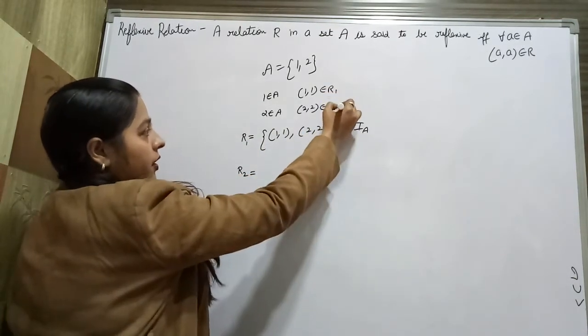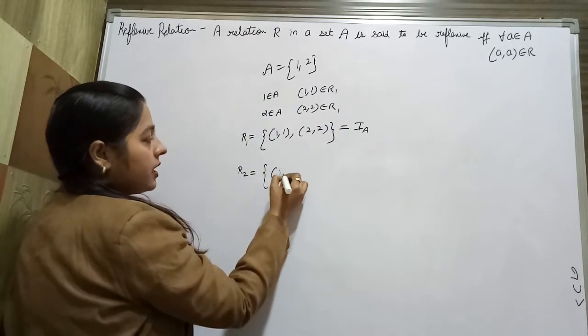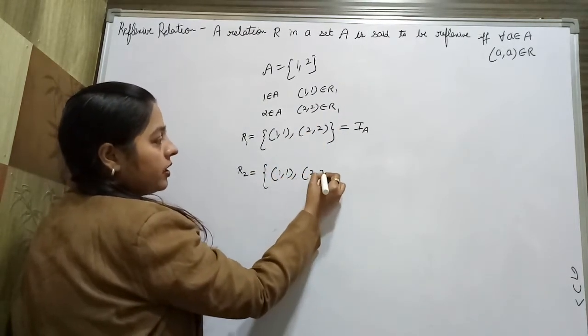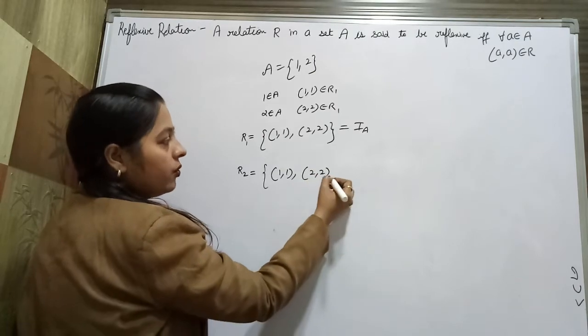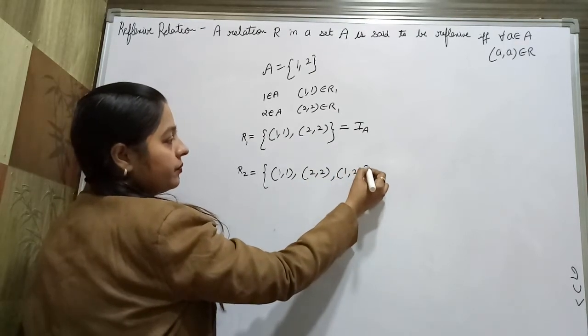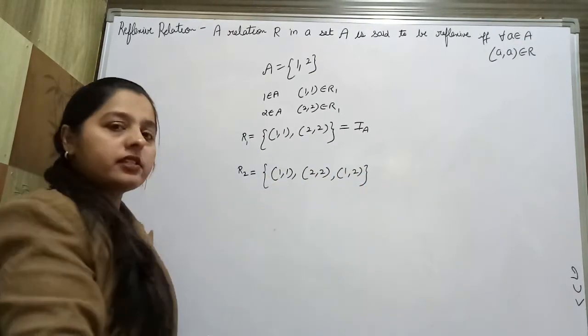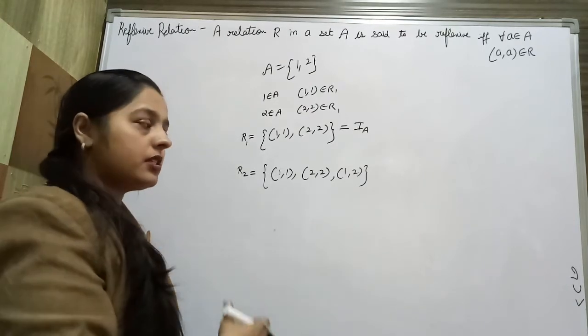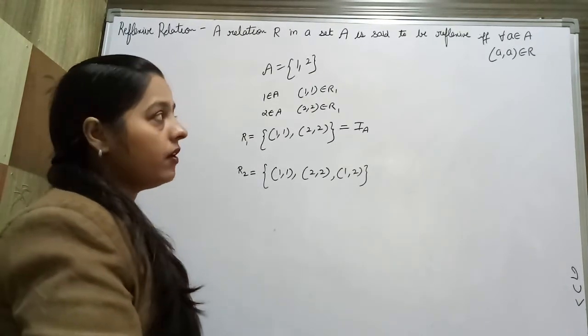Another relation R2, with three ordered pairs: (1, 1), (2, 2), and suppose (1, 2), right? So can you say that this is reflexive? Yes, it is certainly reflexive. Why?